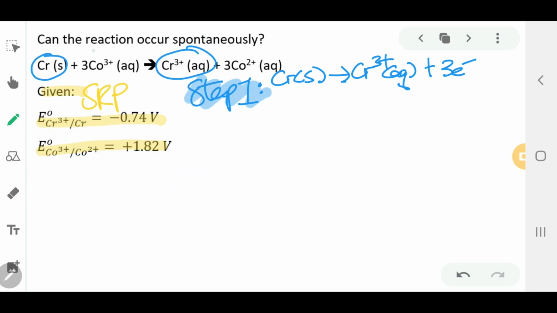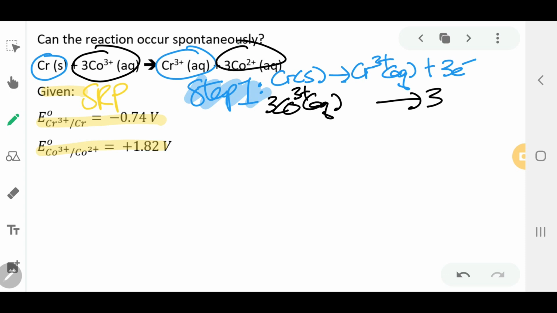And we'll do Co3+, cobalt 3+ aqueous. So we're going to have 3 Co3+ aqueous, and on that side you are going to have 3 Co2+ aqueous.